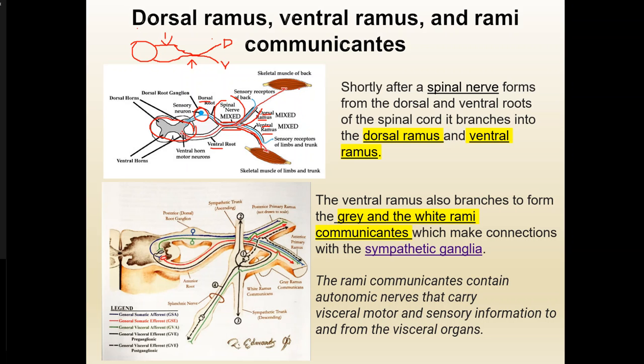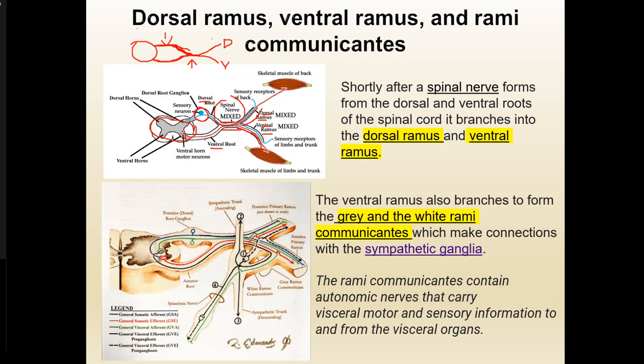And so when that happens, in reality, remember that here there was only your sensory, and this was your motor. They were divided very precisely, your afferent or sensory and your efferent. In reality, when you look at the rami, these are mixed.